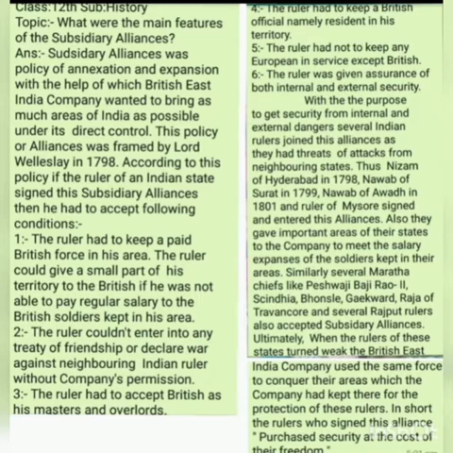Several Governor Generals were appointed from time to time. In 1798, Lord Wellesley became the Governor General of India, and he remained so from 1798 to 1805.